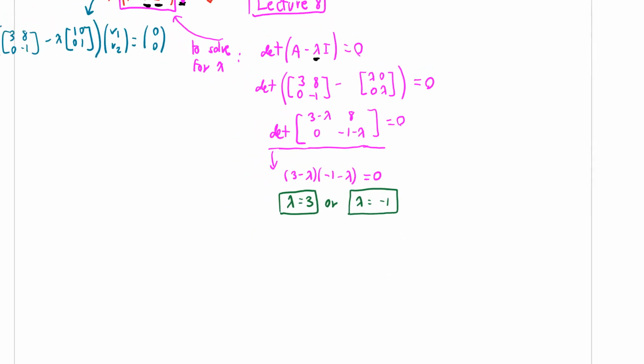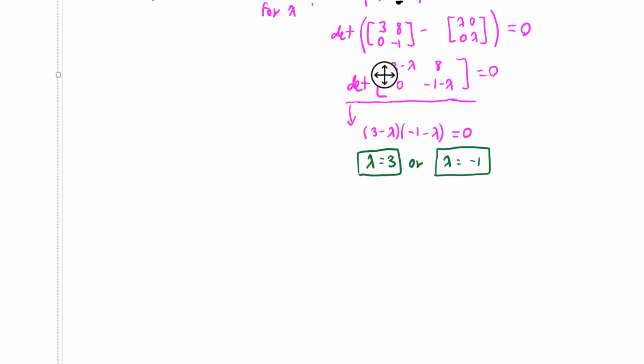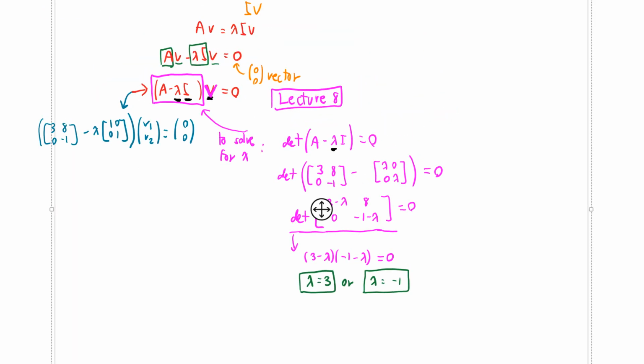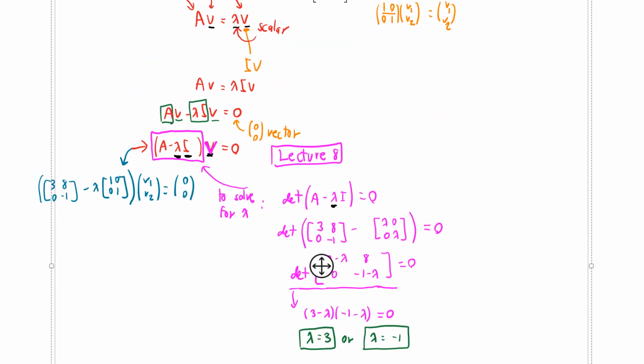So now I have the two eigenvalues. Now I just need to find the eigenvectors that correspond to each of the eigenvalues I have just found. So, what do I do next? Remember again, the equation that I need to solve is A minus lambda I times v equal to 0. Now I already have the lambda. Lambda can only be one of the two values, 3 or negative 1.